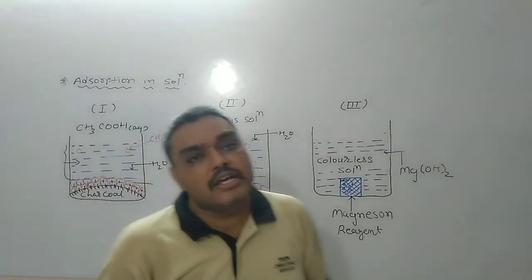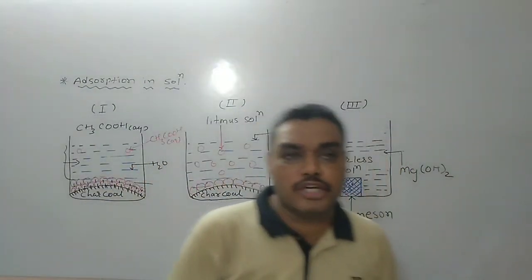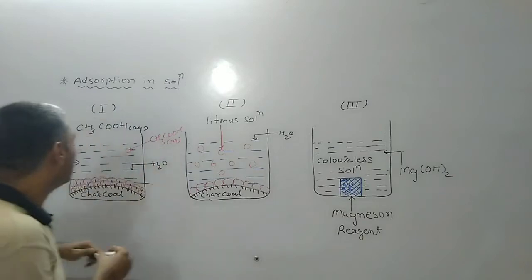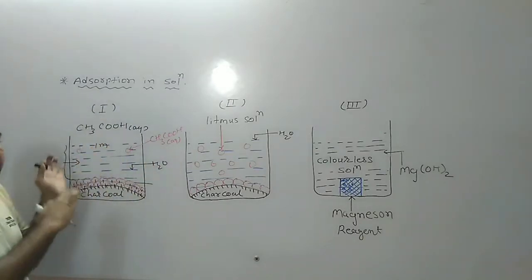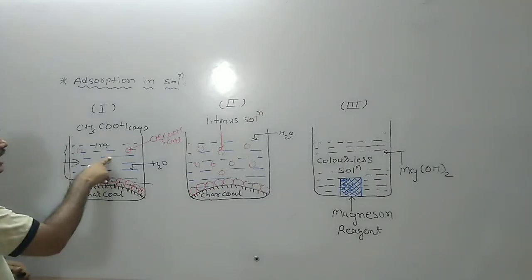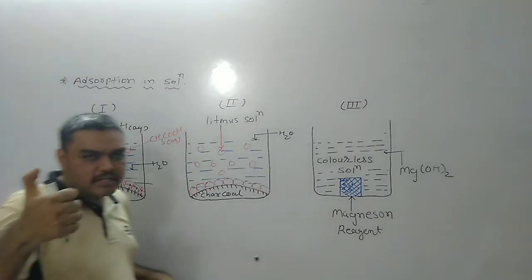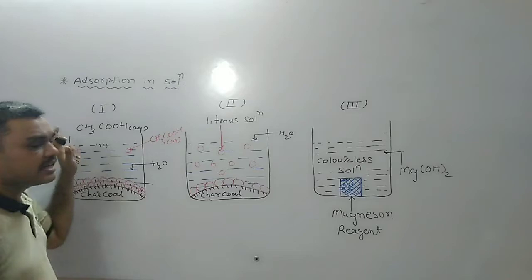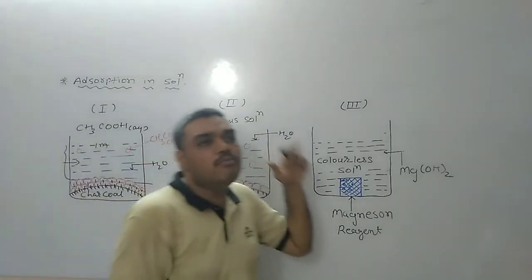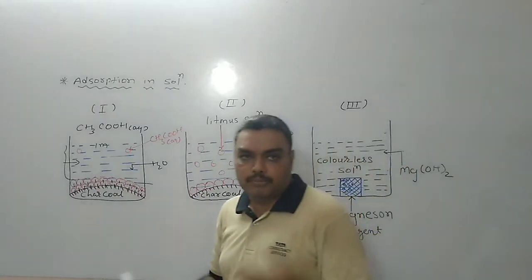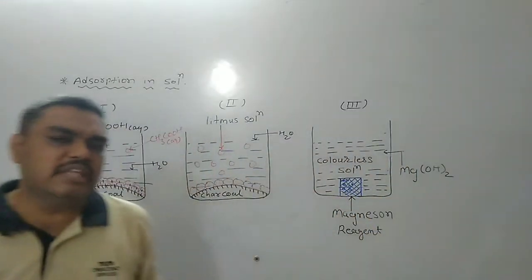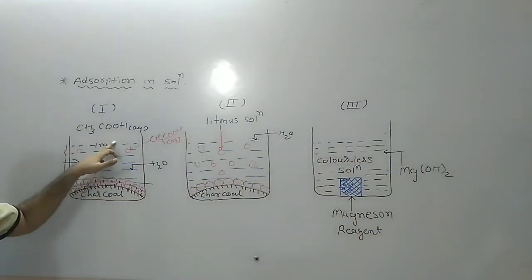You can perform this experiment by titration. First you take a 1 molar solution of acetic acid, and after some time you take some part, like 10 ml of acetic acid, and titrate it against 1 molar NaOH with the indicator phenolphthalein or methyl orange, and you can find out its molarity.